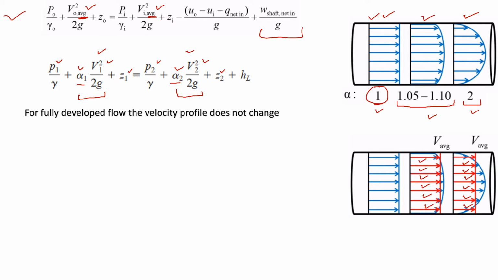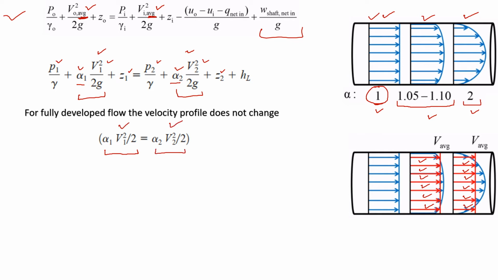So for fully developed flow, the velocity profile does not change, as we already discussed: when a flow is fully developed, then its profile, if it is a laminar flow, will remain parabolic. So if we say that at point 1 and point 2 the velocity profile is fully developed, these two kinetic energies will be equal at point 1 and point 2.